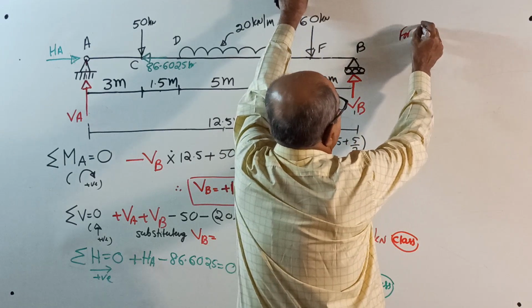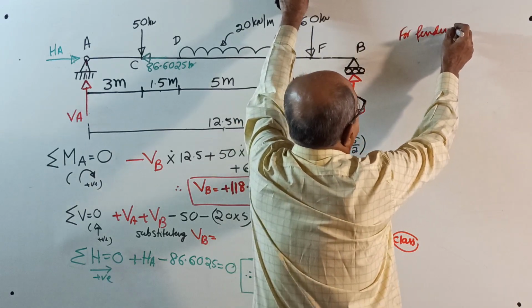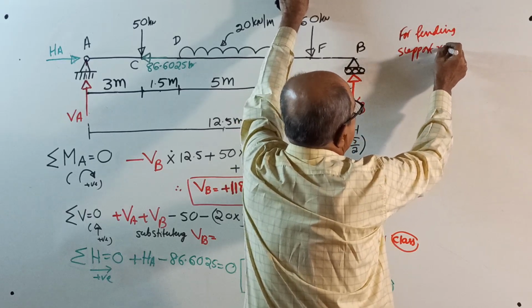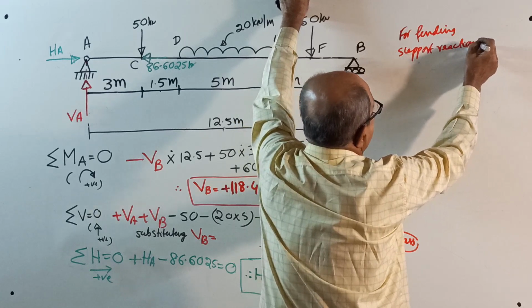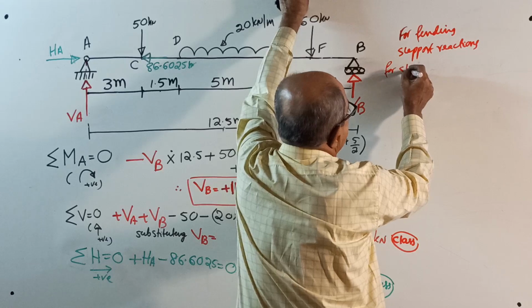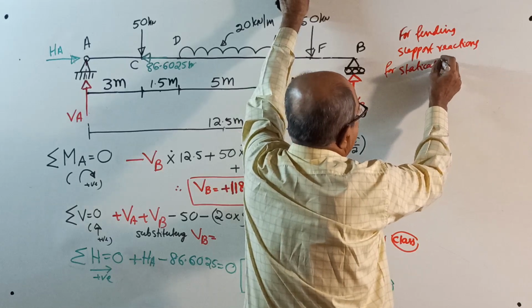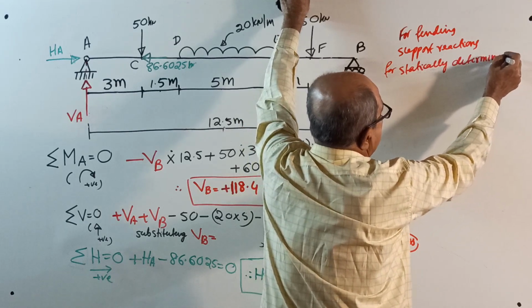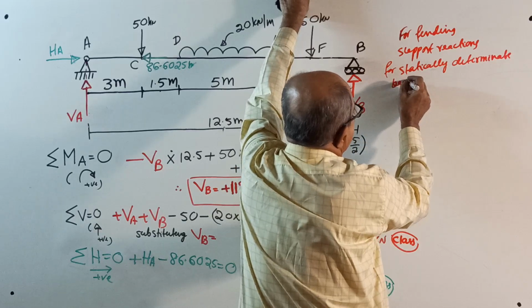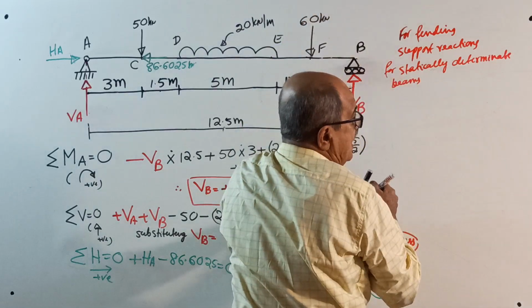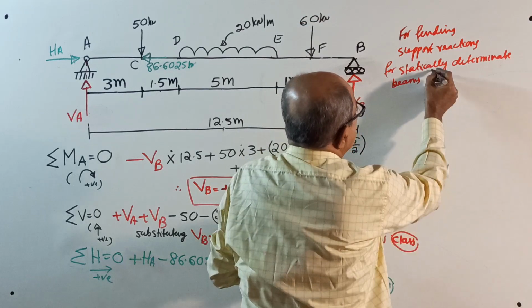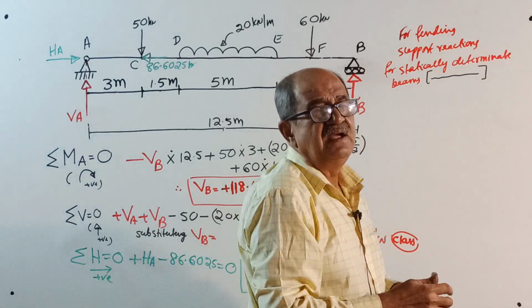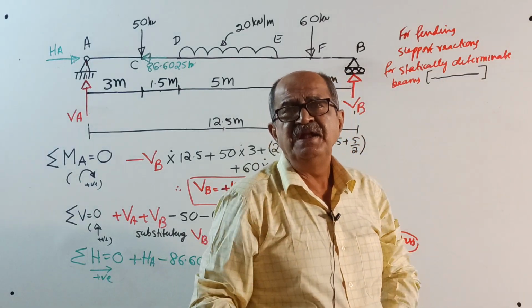For finding support reactions for statically determinate beams, make a note here, one note here. You write here, if it is statically indeterminate, it will be reduced to a statically determinate state.